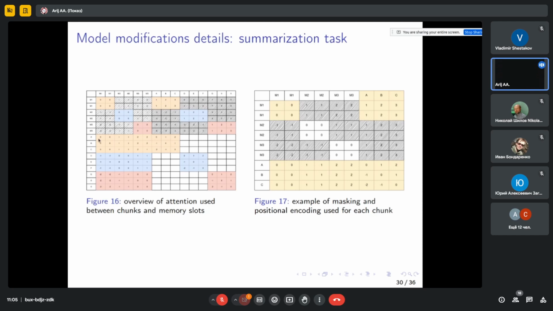Also, I kept the access from the tokens of the chunk to all memory slots. And I have modified this concerning the masking and access.